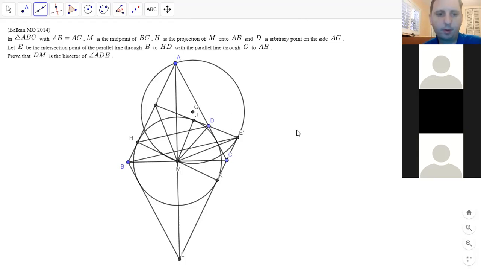So we have MB over MI, sine HMB over HMI, but MB over MI is sine AIM over cos HMB.